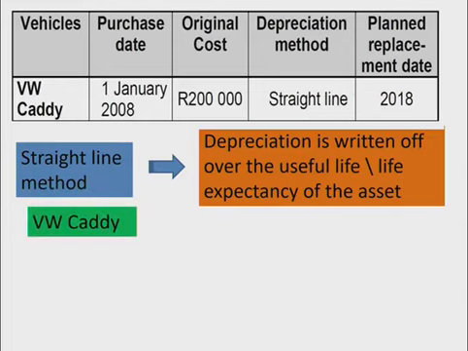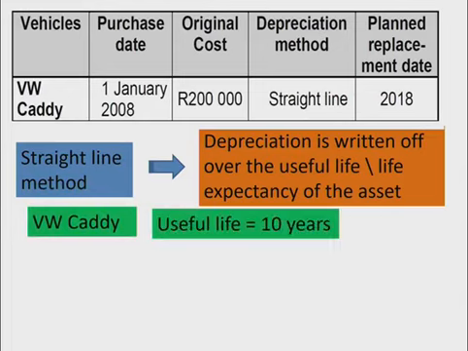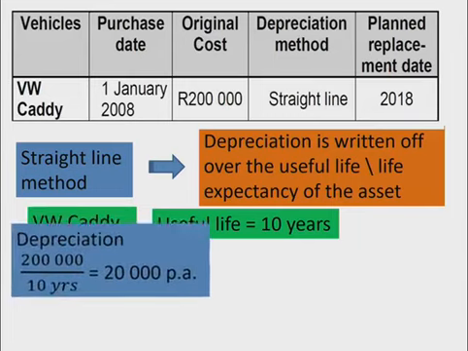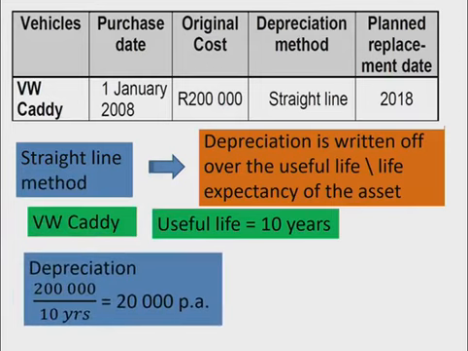So for the caddy, that's the vehicle that we're talking about now, the useful life is 10 years. So the cost price is 200,000. The useful life is 10 years. That means every year you're going to write off 20,000 rand worth of depreciation.